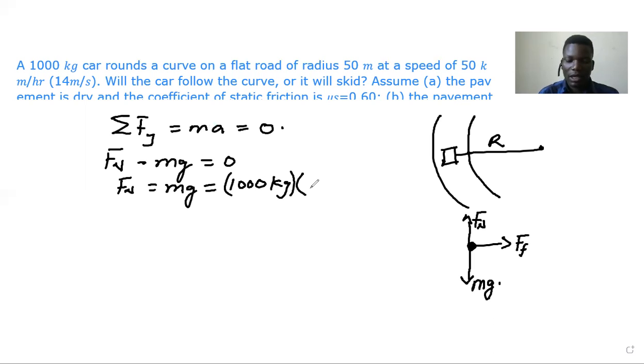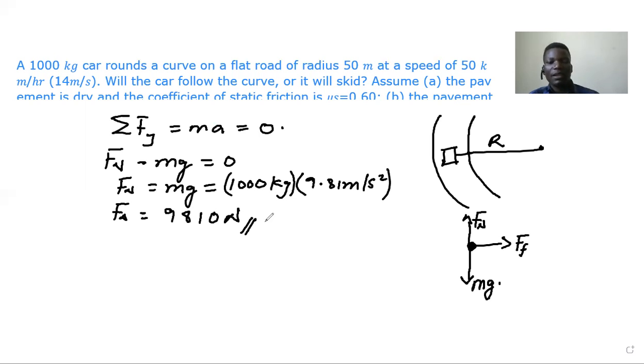And we take our gravitational acceleration to be 9.81 meters per square second. So the normal force of this car is going to be 9,810 Newtons.